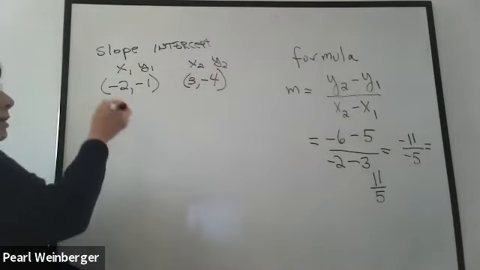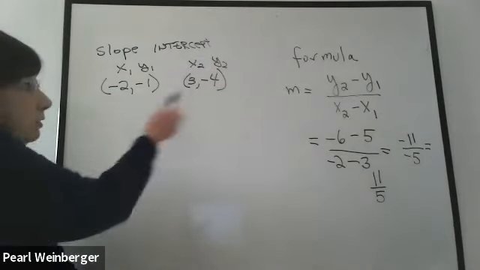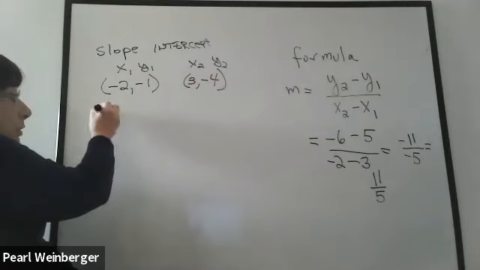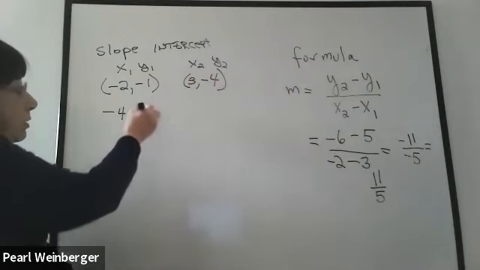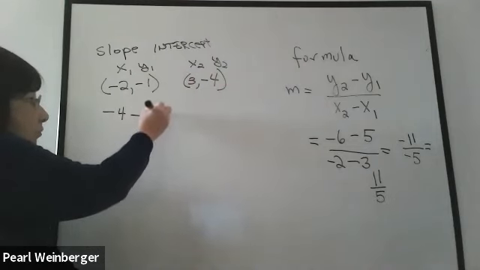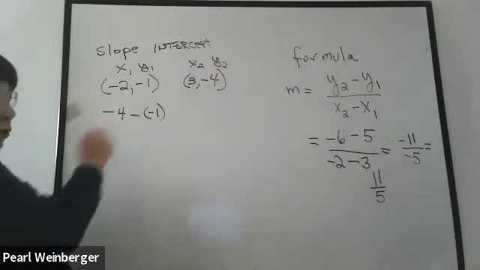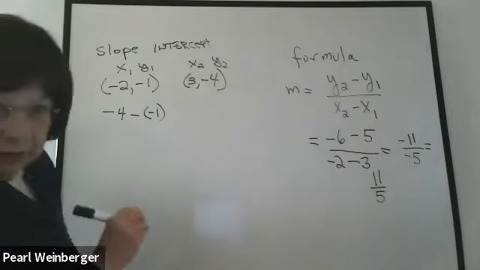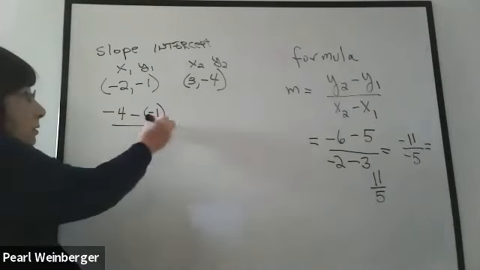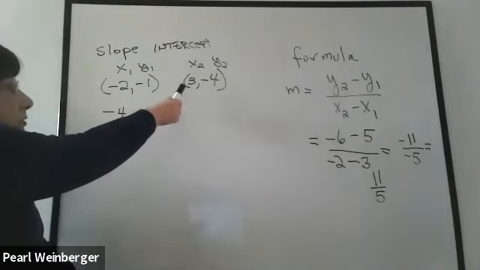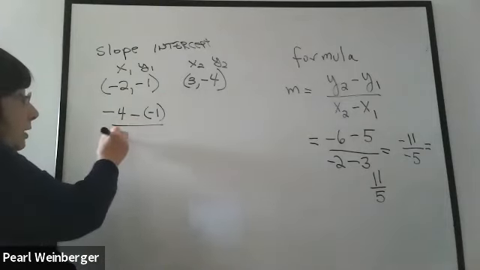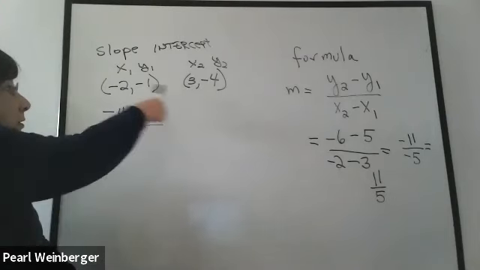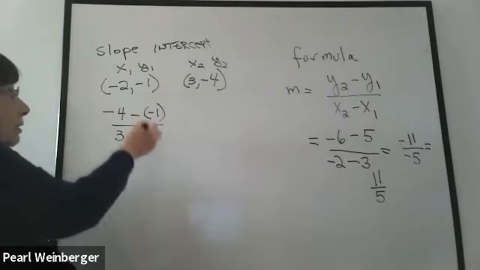So according to that, the formula is y2, that's -4, minus y1. So it's minus -1. Be careful that there are 2 negatives here. And the x's: my x2 is 3 minus -2.